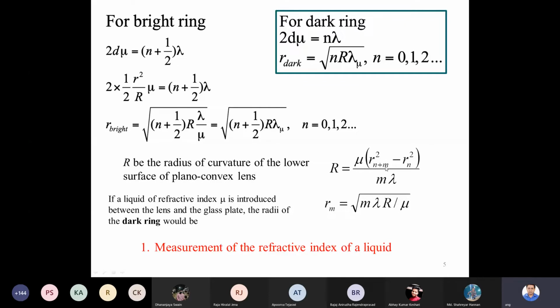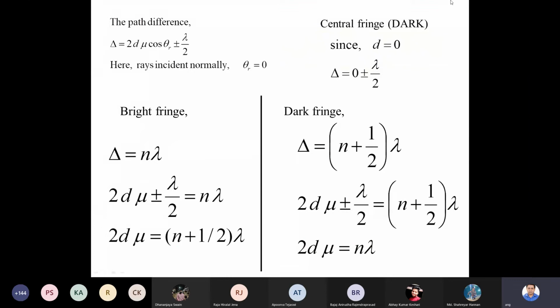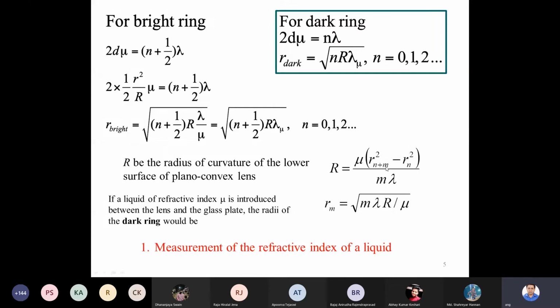See here what we have done: we don't know exactly, for the dark ring central fringe, how many n's are involved. So we can take any unknown ring, and then we have to take the differences.